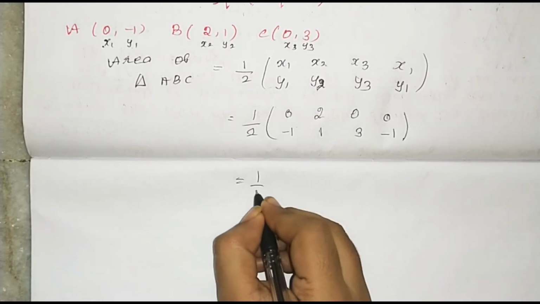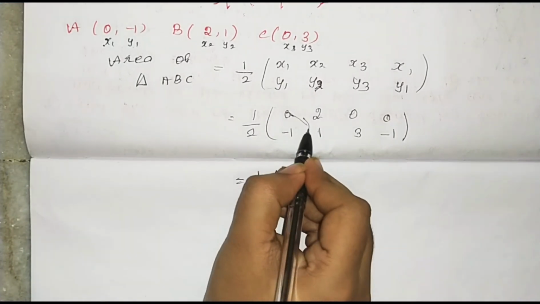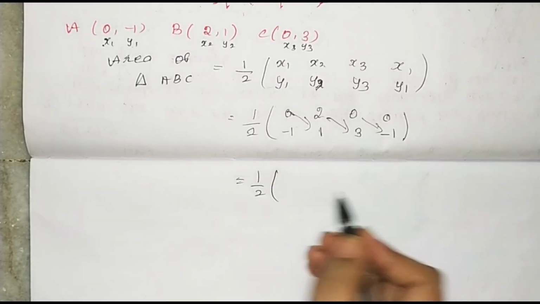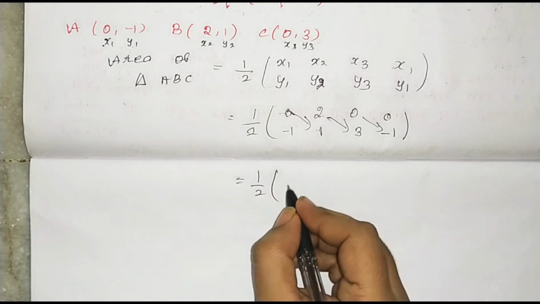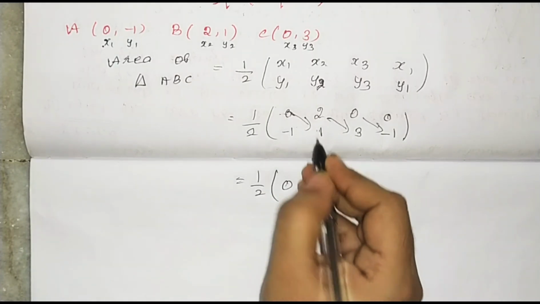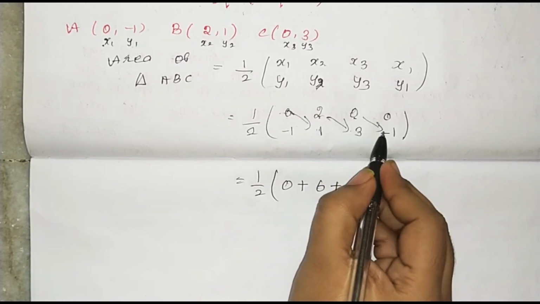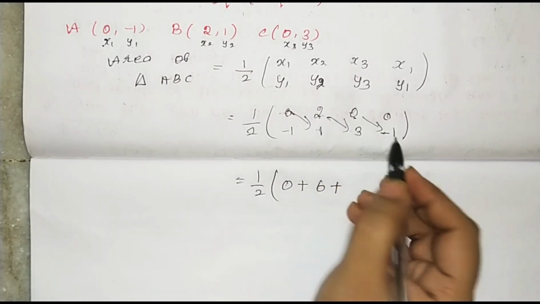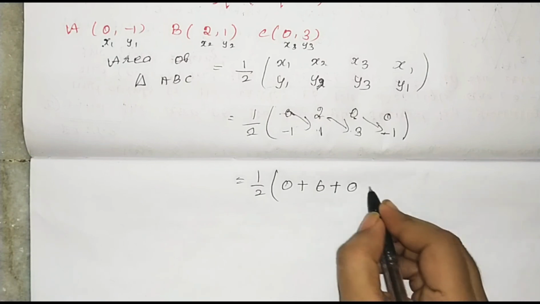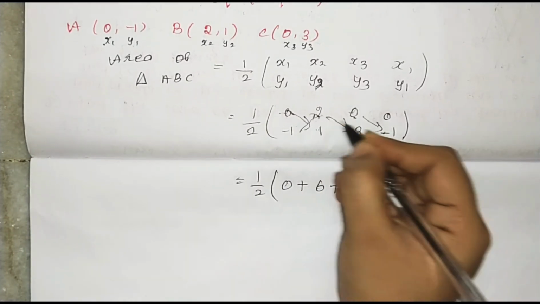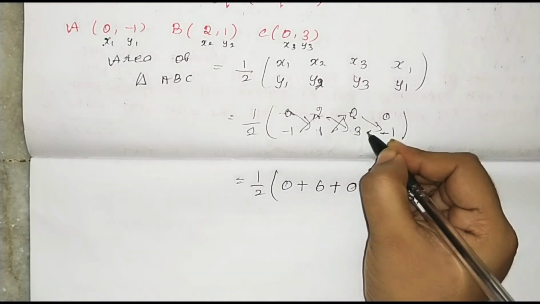So 1 divided by 2, already I told you, top to bottom, middle plus sign. So 0 ones are 0, the middle is plus sign, 2 3s are 6, the middle is plus sign, 0 you multiply with minus 1, the answer is 0. Now we can start minus sign, bottom to top.